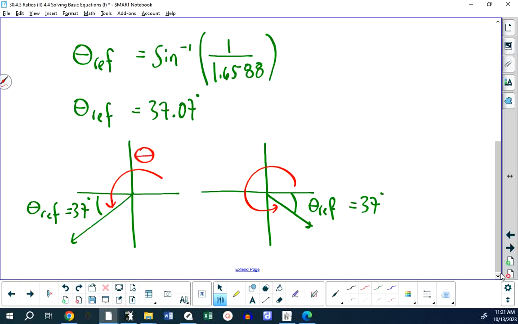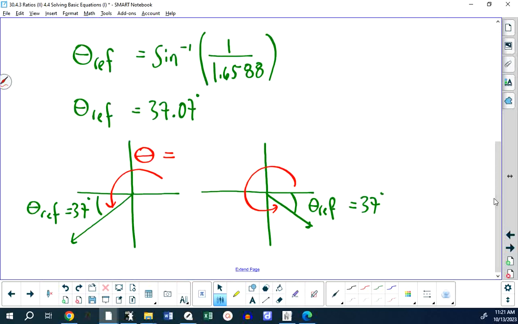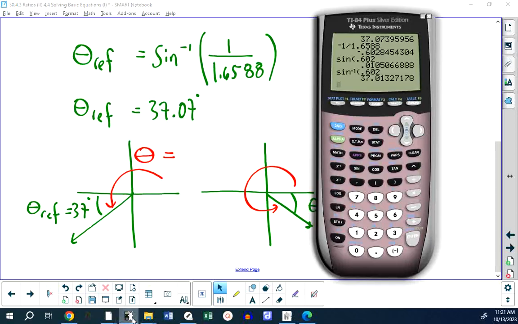I feel as though I don't even want to show my work here. We want the nearest tenth, and this was 37.0. So 180 plus 37.0 is 217.0. Am I right? 217? Okay.